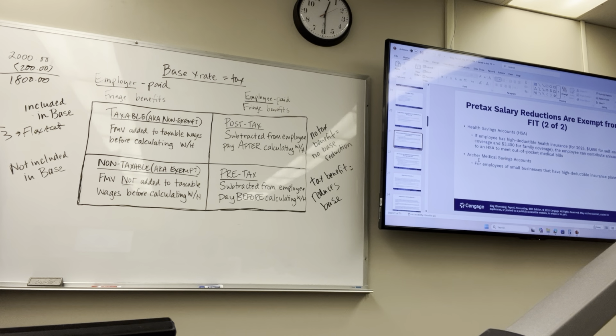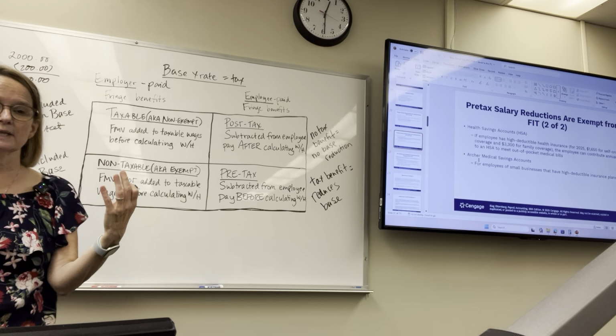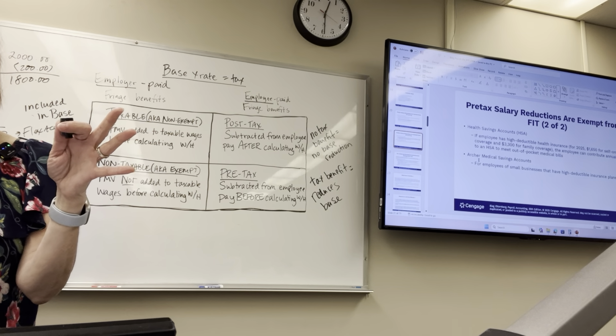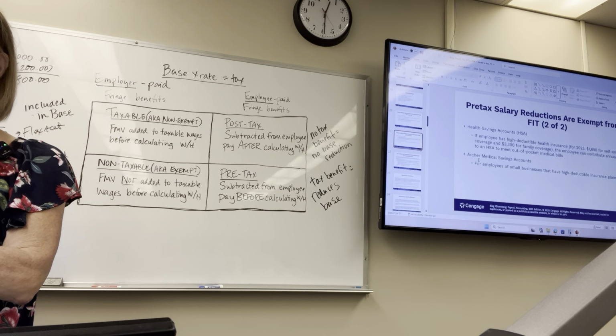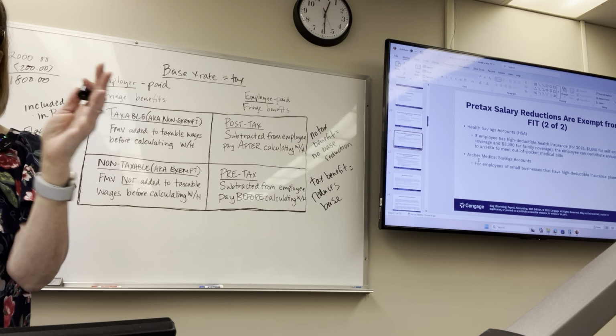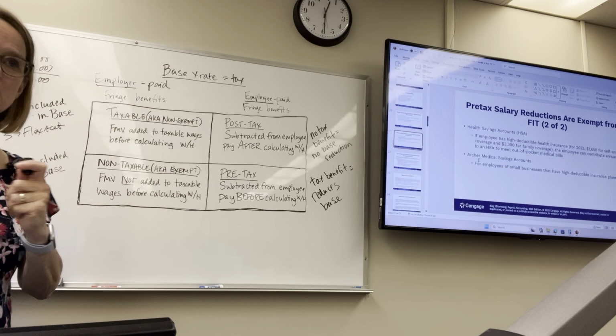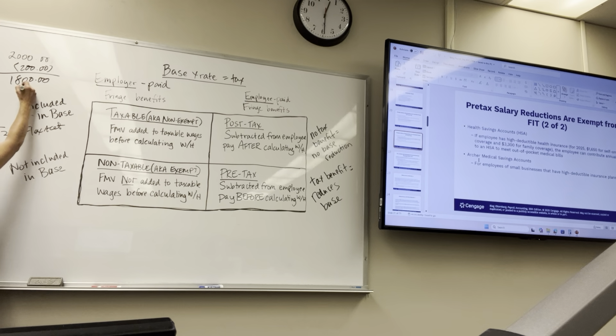So let's just say we have a post-tax charitable contribution. Some employees can contribute to, like, United Way, and they can take it right from their paycheck and make that contribution, but it's a post-tax contribution. Let's just say they contribute $50.